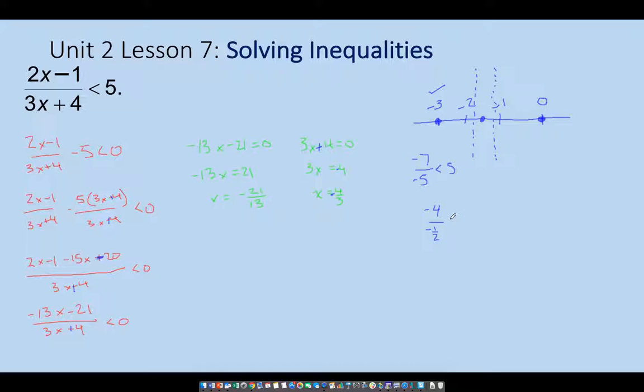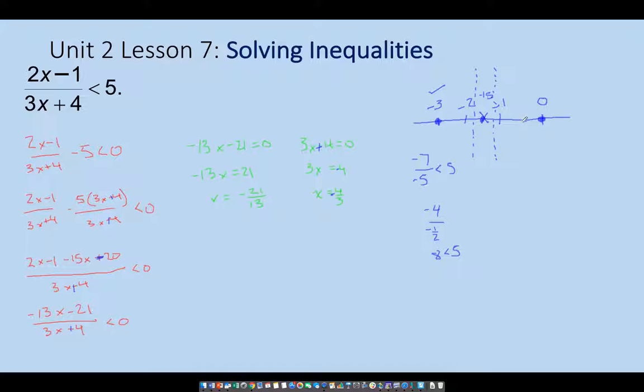And so I wind up getting 8. Is 8 less than 5? No. And so this one right here at negative 1.5 just doesn't work out, which we didn't really expect it to.